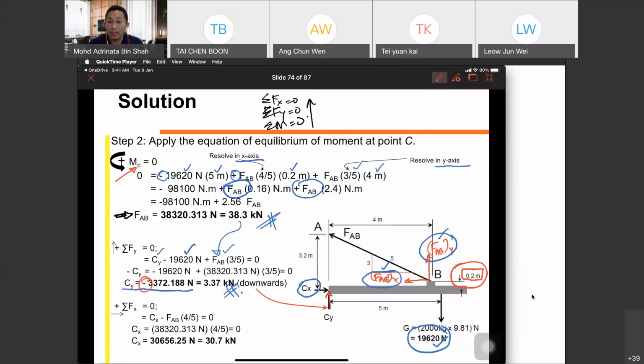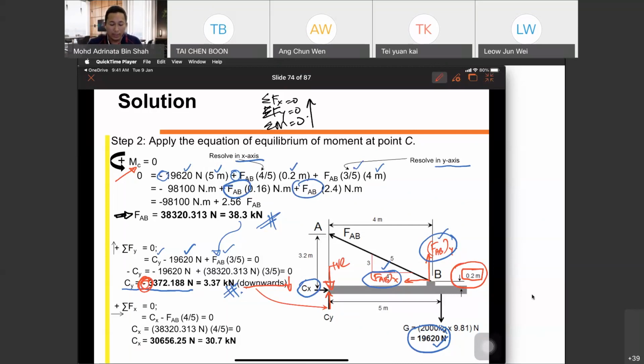So actually CY is positive downwards. Okay, positive downwards. Downwards je lah. So ini downwards ataupun you can use your arrow. You need to draw that if it is negative so that you know your answer is the opposite direction.